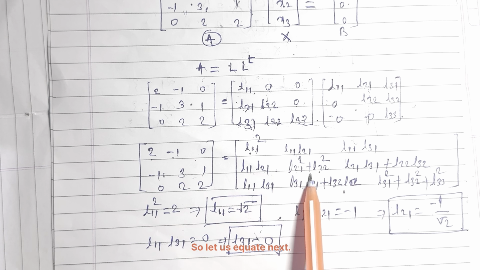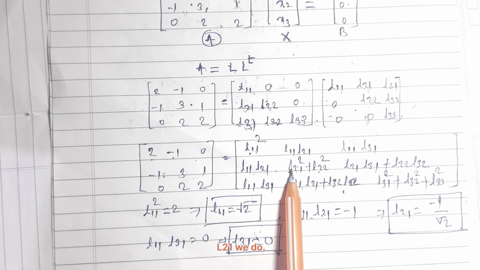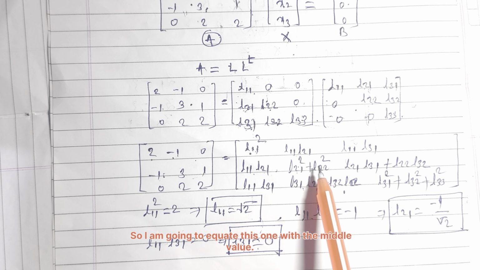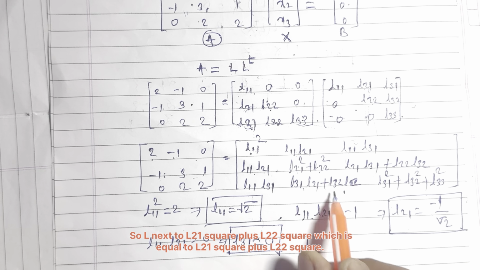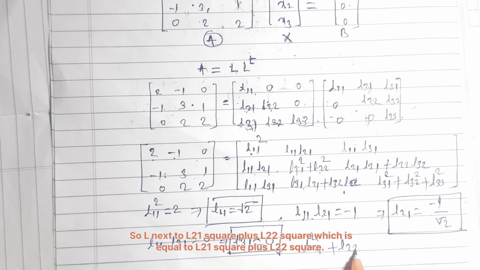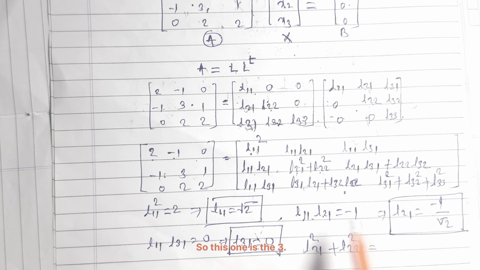So let's equate next. We want L22, which we don't have here. L21 we have. So I'm going to equate this one with the middle value. Next value: L21 square plus L22 square is equal to 3.